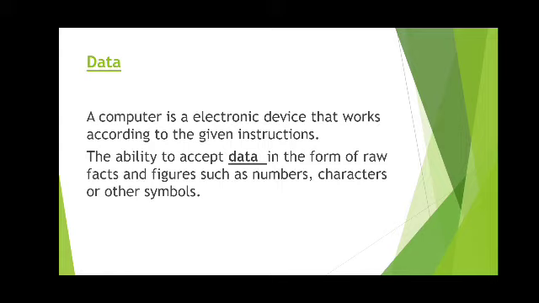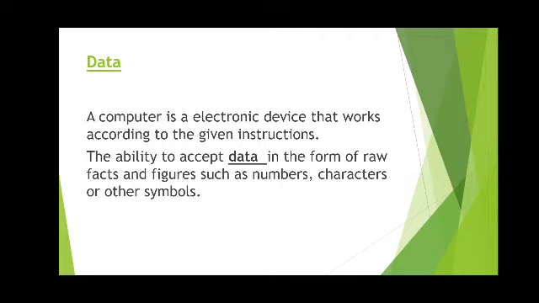First is data. A computer is an electronic device that works according to the given instructions, right? So a computer is that device to which we give instructions and the computer accordingly gives the output to us. It has the ability to accept data in the form of raw facts and figures such as numbers, characters or other symbols.